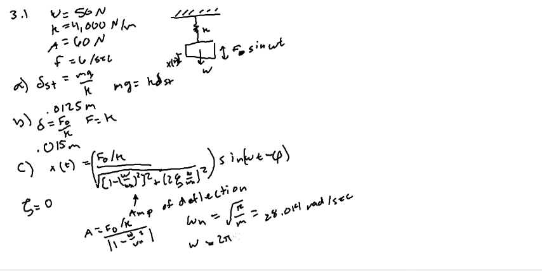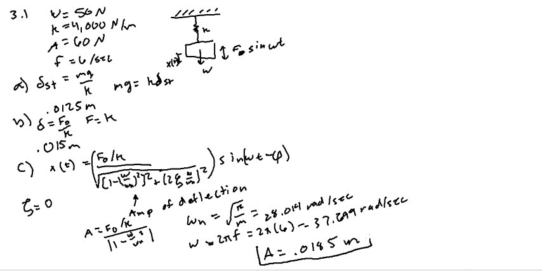So it's 2 pi f, 2 pi times 6 hertz is 37.699 radians per second. Alright, so we've got our omega n. We can plug those back into our amplitude, and we'll get 0.0185 meters. Okay, so this is the amplitude of the forced motion.